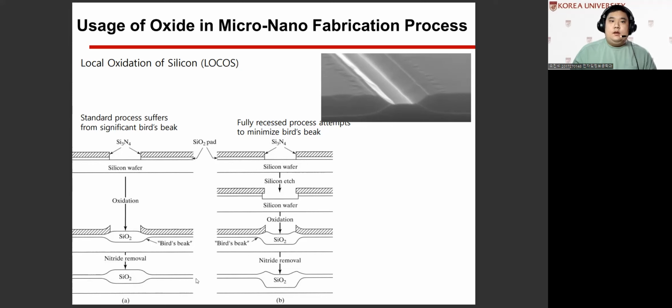In the last part, the structure is called the bird's beak because the oxide layer is thicker than on the others.